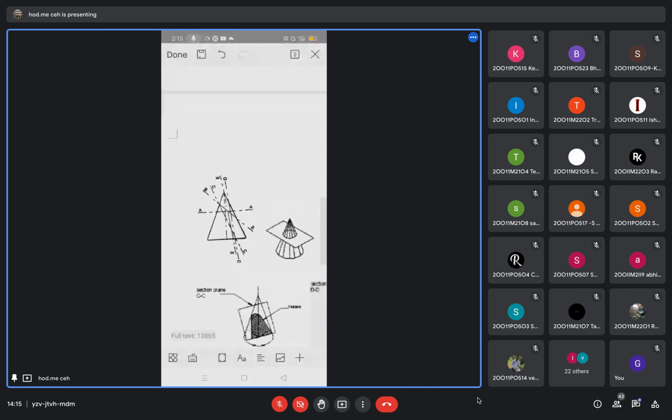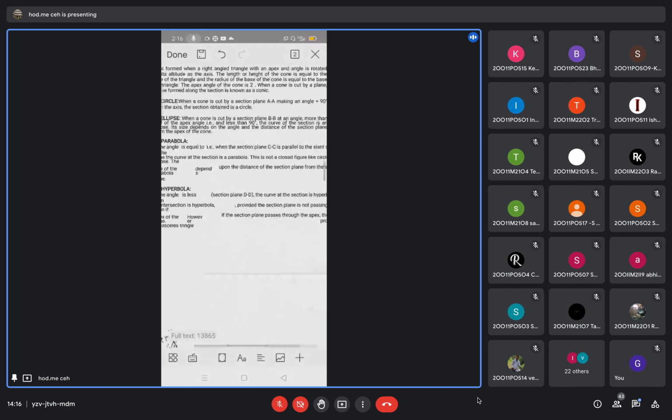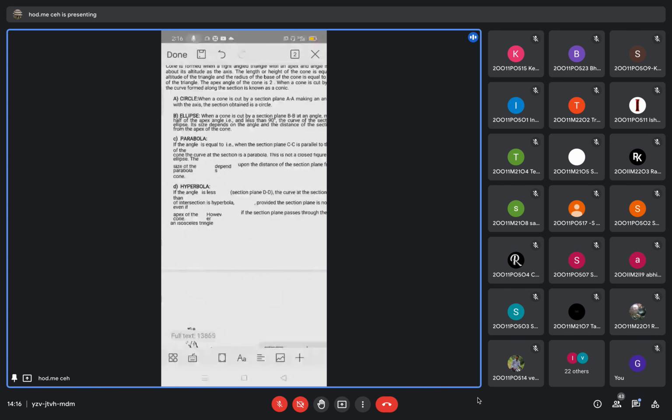The section is a circle when the cutting plane is perpendicular to the axis. Okay, see the next one: the cutting plane inclined to the axis of the cone, at an angle more than half of the apex angle and less than 90 degrees.